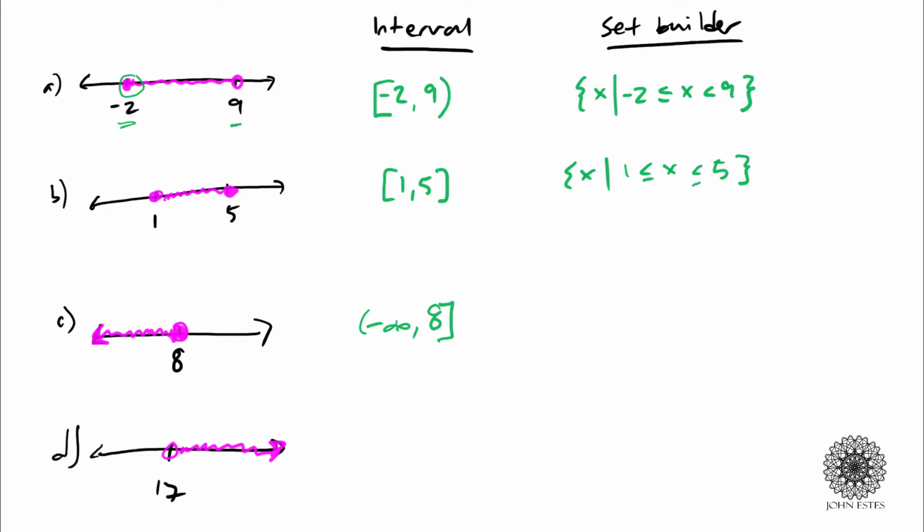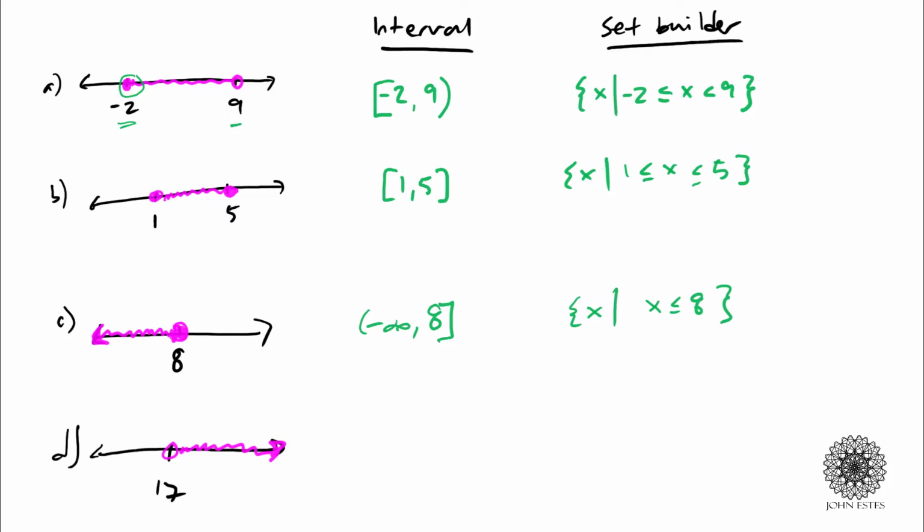And I get a hard bracket on my 8. In set builder notation, I do my braces. This looks like all the x's, where the only condition I have to meet is x is less than or equal to 8. Because we're always greater than negative infinity, so I don't even need to write that out.